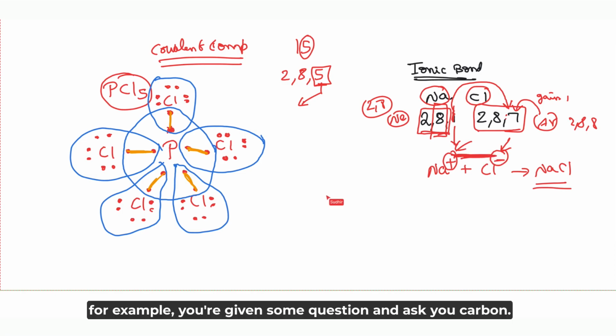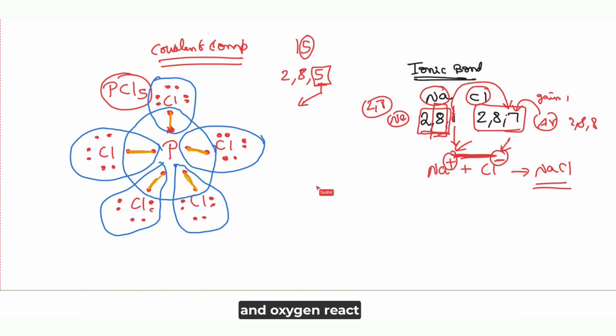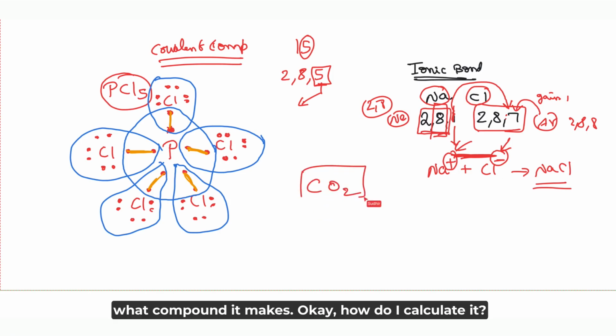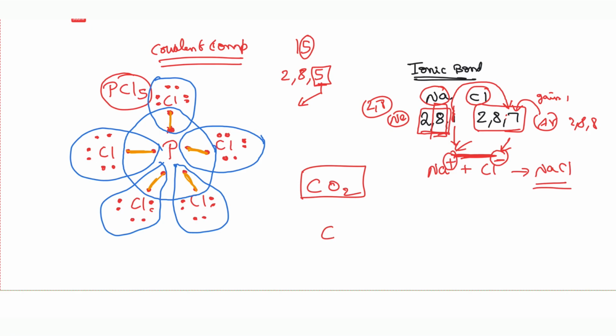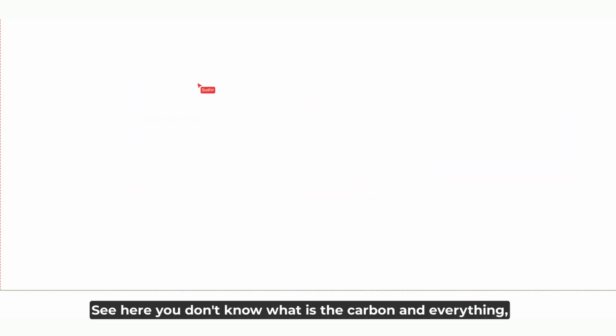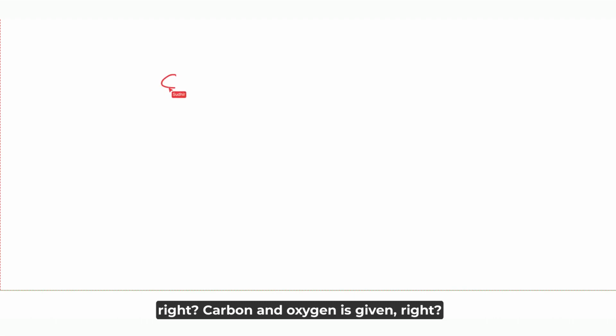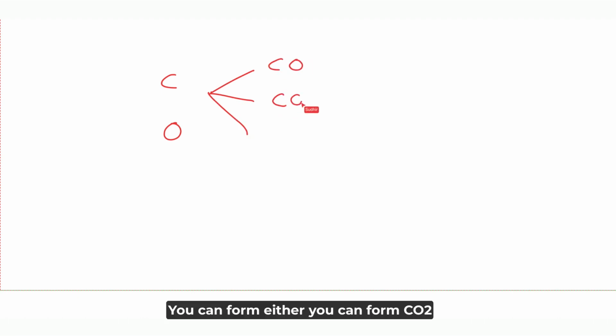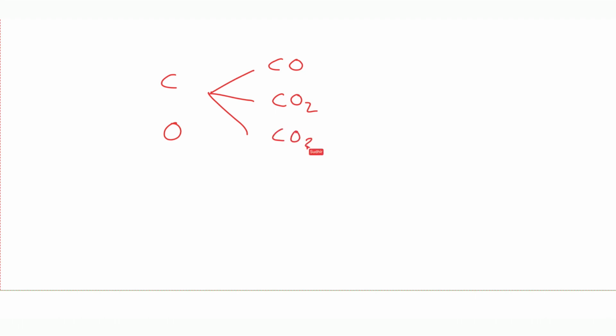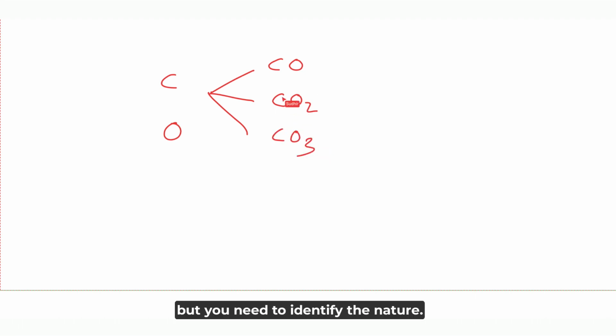For example, you're given a question that asks what compound carbon and oxygen make when they react. How do I calculate it? I know it's carbon dioxide, but how do I calculate it? Carbon and oxygen are given, so you can frame different compounds: CO, CO2, or CO3. But you need to identify the nature, whether it is sharing or not.